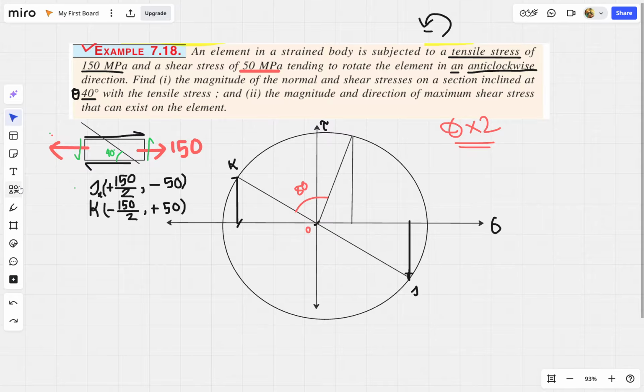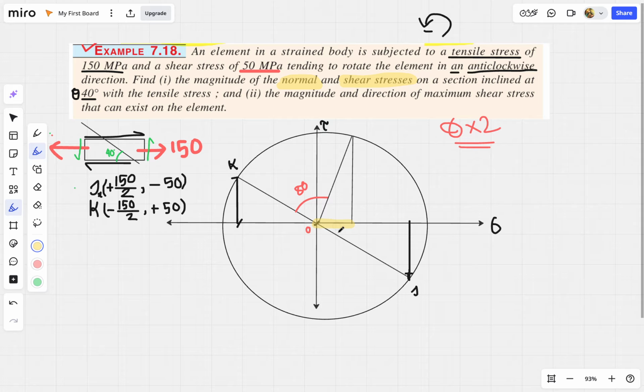Now we have to determine the things that are required: the magnitude of the normal and shear stresses. What will be the normal stress? The normal stress will be this portion, for the 40-degree inclination.